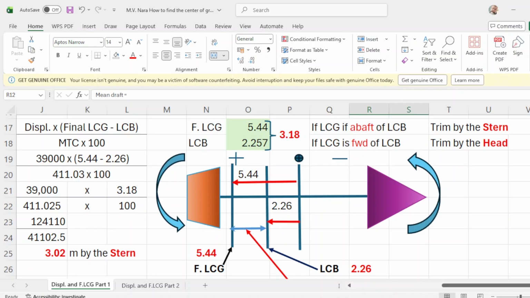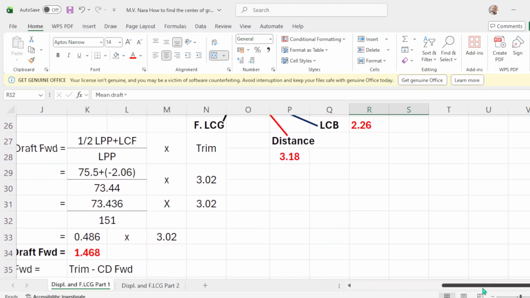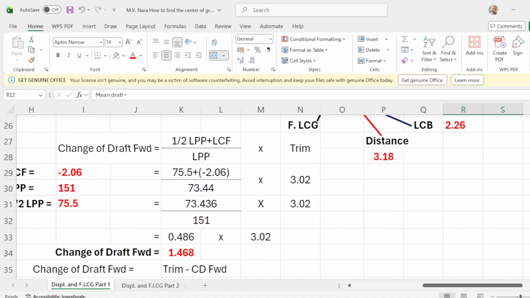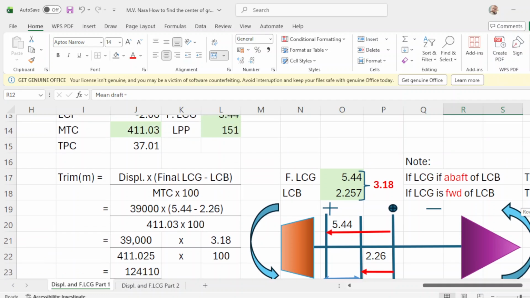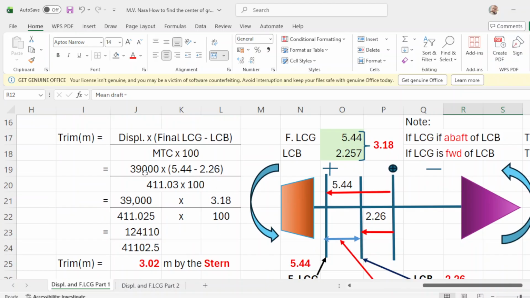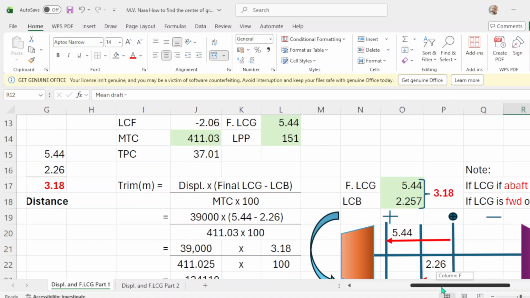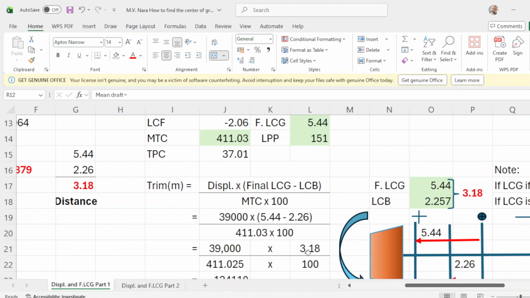Now, we will compute for the shift trim, okay? Again, displacement times final LCG minus LCB, which is 2.26, over MTC times 100. Minus this one, that will be 3.18.